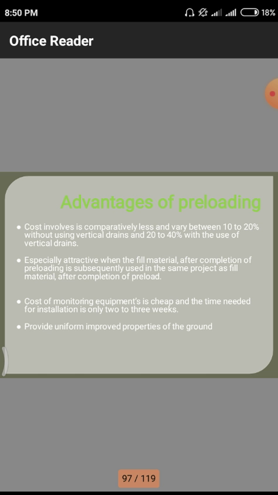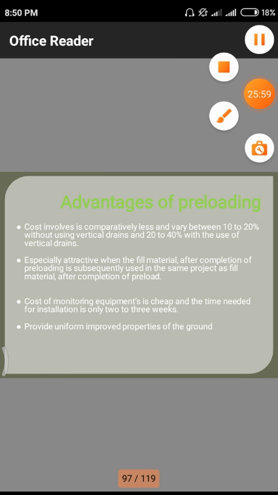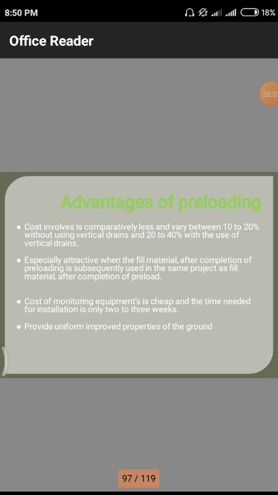Next, what are the advantages of these preloaded structures? We need to know some advantages and disadvantages also. What are the advantages? First of all, the cost involved is comparatively less. Why? Because normally we are using a filling material.